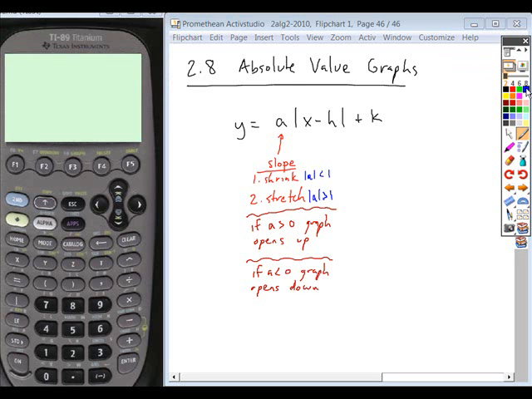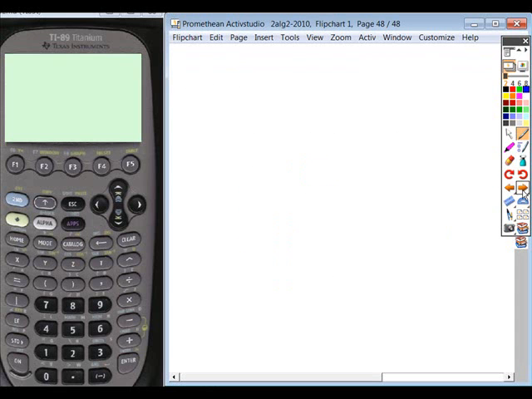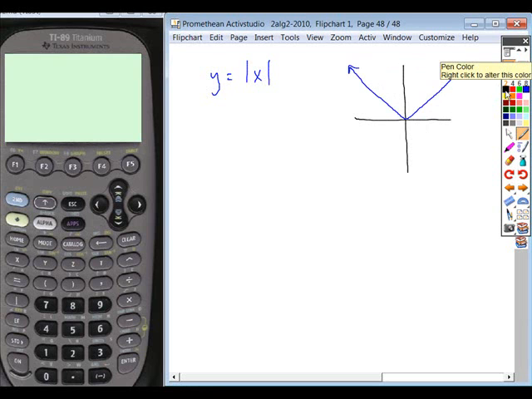Okay, so if I gave you some just real simple, and I'll come back to this page here in just a second, but if I just gave you this, y is equal to the absolute value of x, here's what your graph would look like. Okay, it's just a V, straight lines extending up at a 45-degree angle.